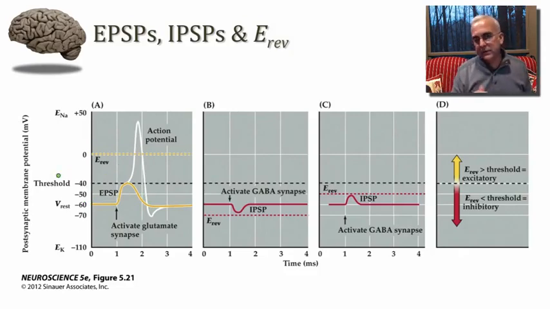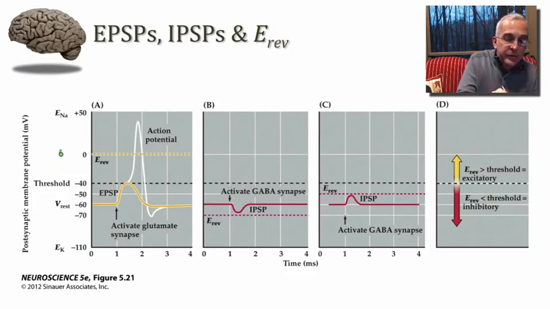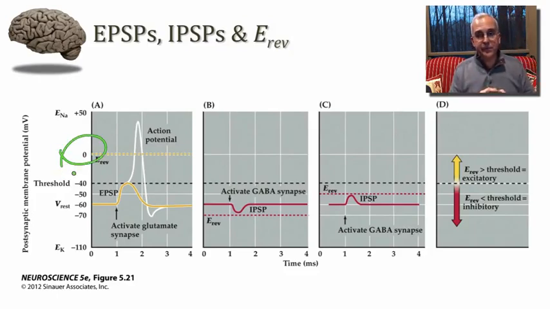Well, what this means is that if this input to this cell from which we are recording could have its way with that neuron, and pardon me for that language, but I think it helps, that postsynaptic neuron will be depolarized to the reversal potential of that active conductance.